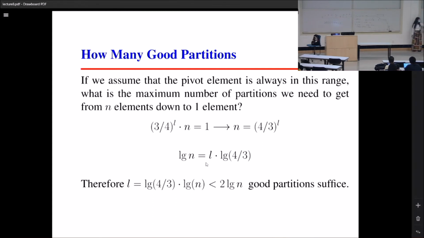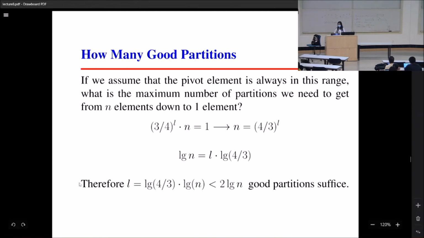Does anyone have a problem with this equation? Okay, great. So now I guess you all agree on this equation, and we just need to do the calculation.